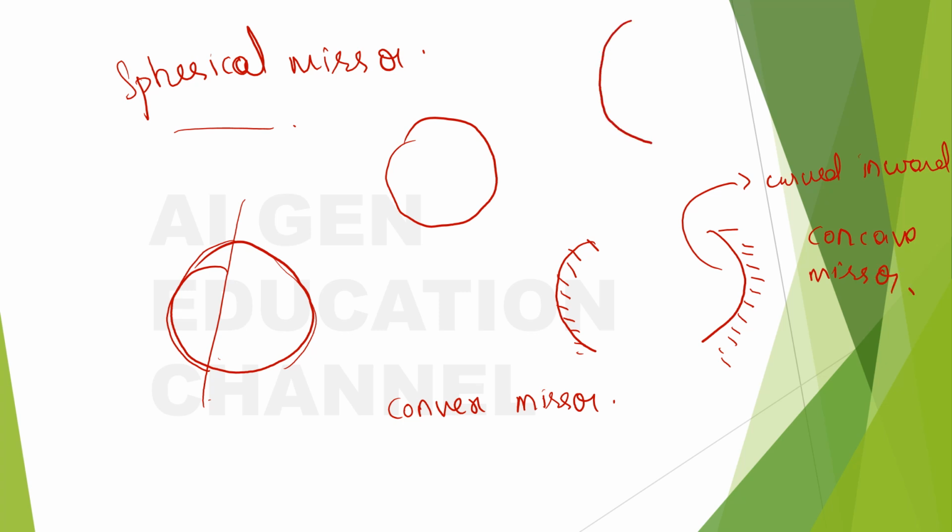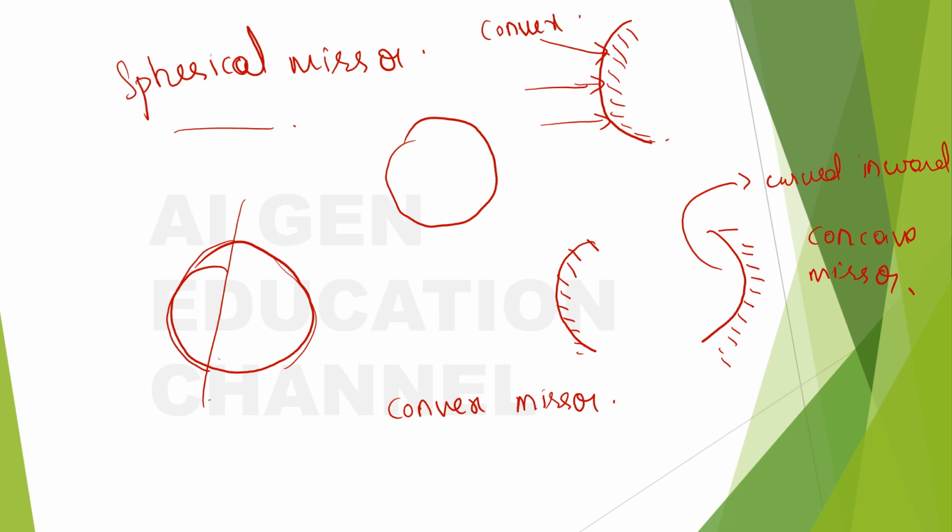In this part, all the incident rays will be here. Okay, when the incident rays are here and here all the silvering happens, then it is called what? Yes, it is a convex mirror.